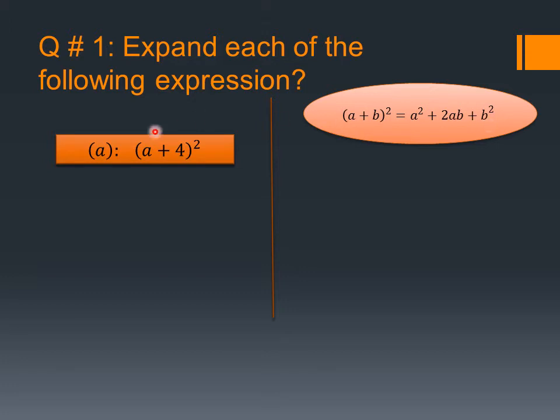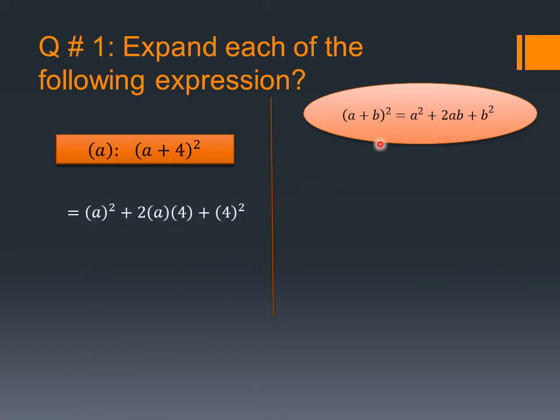Now always remember, in the question, the first digit that is written inside the bracket indicates the a of the formula, and the second digit written inside the bracket indicates the b of the formula. So in this question, we have a, and instead of writing b, we will write 4.